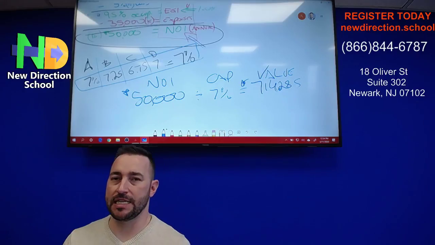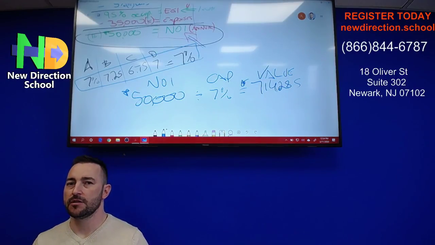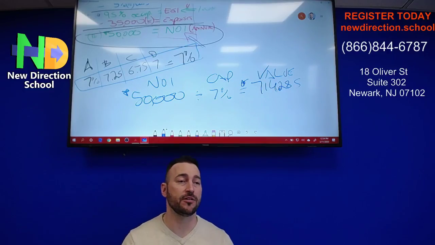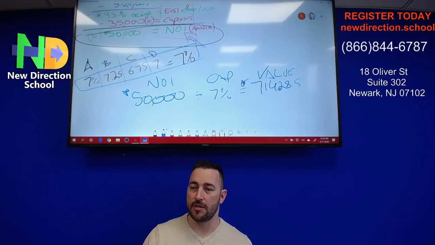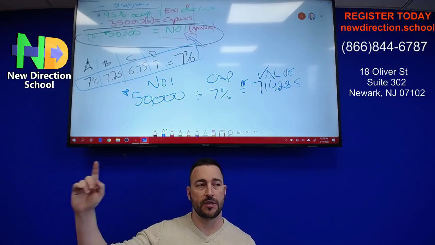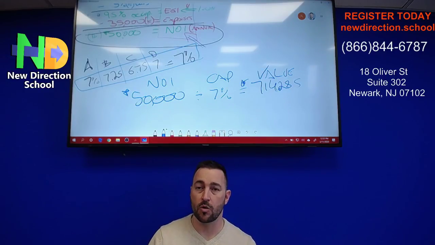Okay. For the state exam, they're going to give you the cap rate. You don't have to figure it out. In real life, once you start dealing with commercial properties, you will have to know, and your broker will train you on that. But what you need to know is how to calculate with the cap rate. They'll give you the 7%. They'll give you the net income, or gross income and expenses. You just need to reach the net.